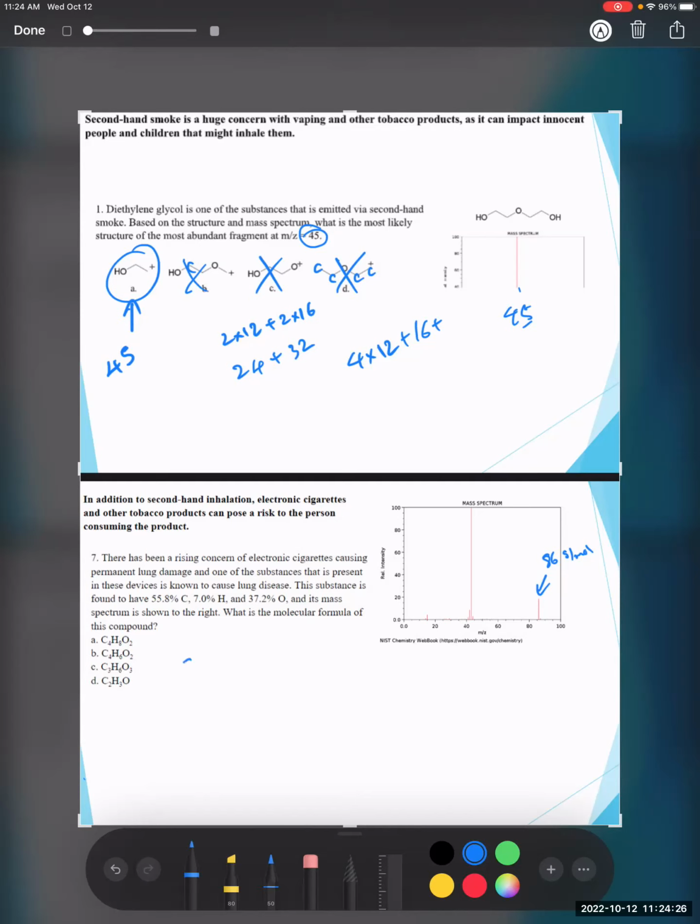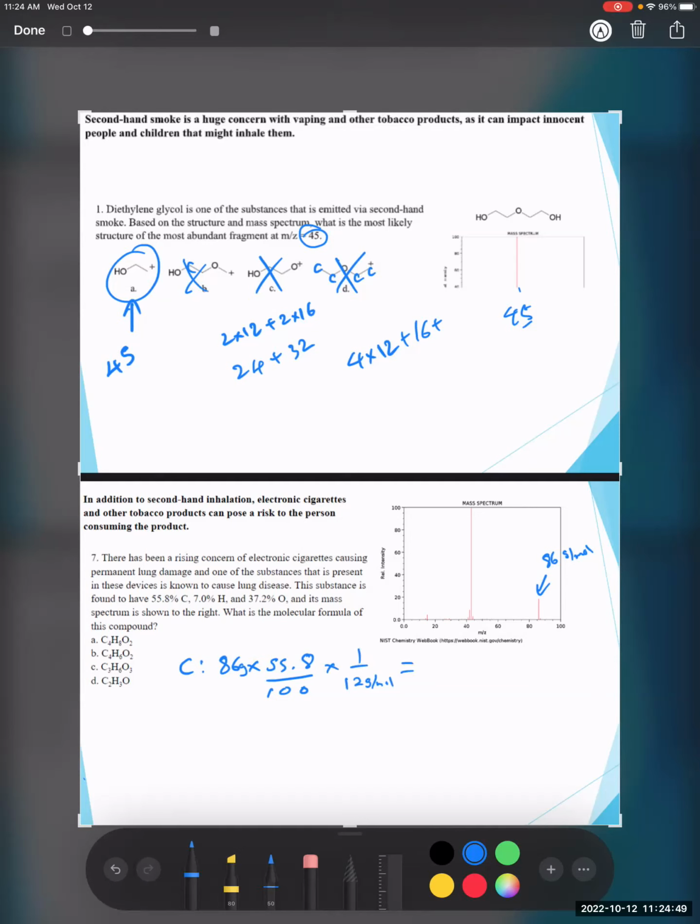when it comes to carbon in this compound, 86 is the mass of the entire compound, but 55.8% is the mass of carbon. If you divide that by the molar mass of carbon, which is 12 grams per mole, you're going to get the moles of carbon.